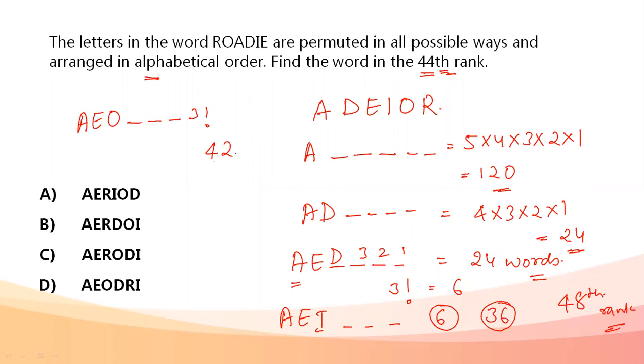So something close is forming. We're going somewhere close to this. Maybe it is possible to form the words using this. The words with AD were the first 24, that is okay. Then the words with AED, and the next arrangement will be IOR.